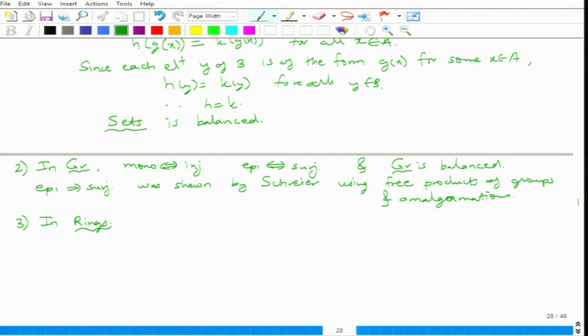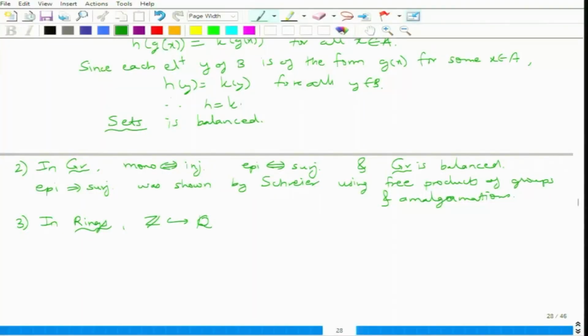In the category of rings, I am just going to talk about this particular map, Z to Q, the inclusion. An injective function is a monomorphism, and that argument doesn't depend on anything as long as you have a concrete category.